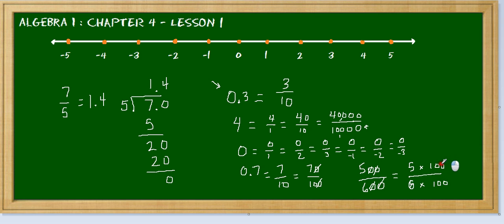And the 100s simply eliminate each other because we can do that because they're factors. They're being multiplied. So we can look at this in many different ways. But at the end, what we're looking at here is we're able to express these as the quotient of two integers.